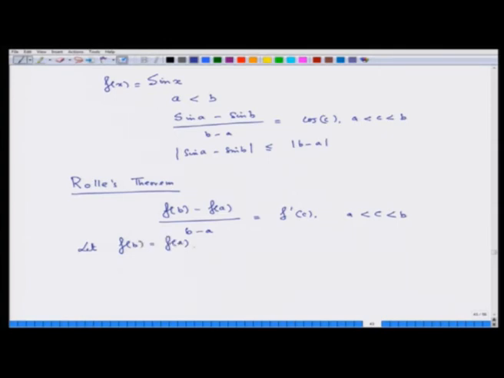So if you assume that f(b) is equal to f(a), then you are showing that f'(c) is equal to 0, which means there exists c in the open interval a to b such that f'(c) is equal to 0, which means I can find a critical point of the function lying strictly between a and b.